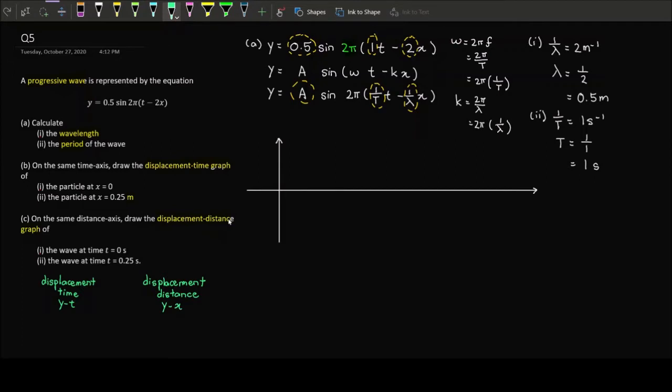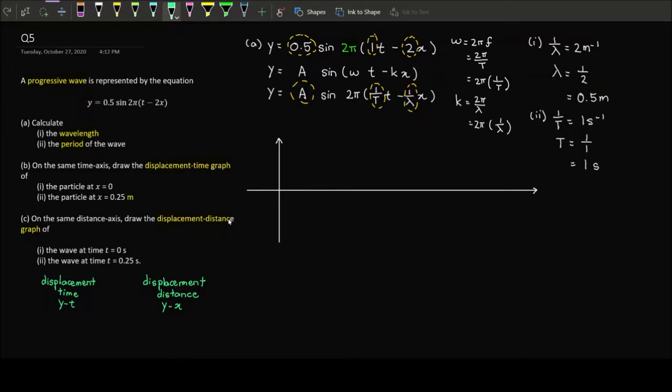These are different ways of representing the wave, but they are not a complete representation of the wave. A wave is a moving thing, right? As time passes, the wave moves because it's a progressive wave. But you are drawing your graph on a piece of paper, and a piece of paper has no play button inside it.